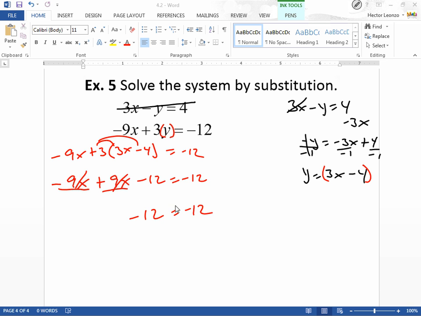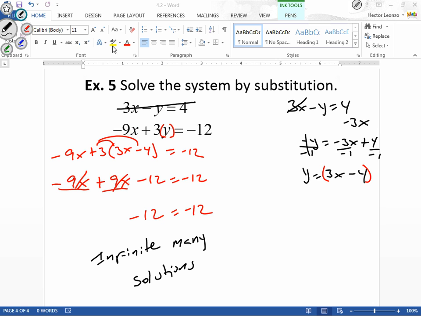If I get the same number on both sides, like in our case, negative 12 equals negative 12, that's going to be infinitely many solutions. If I was to graph these two equations, they would give you the exact same line. So that's our case when we get the same number on both sides: infinitely many solutions.